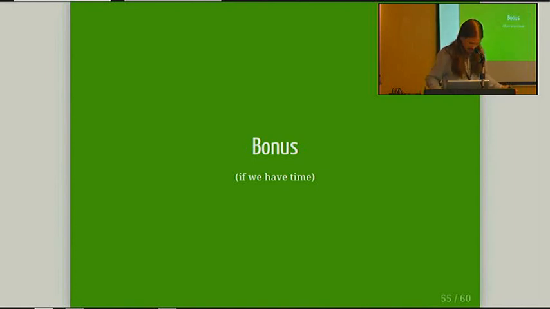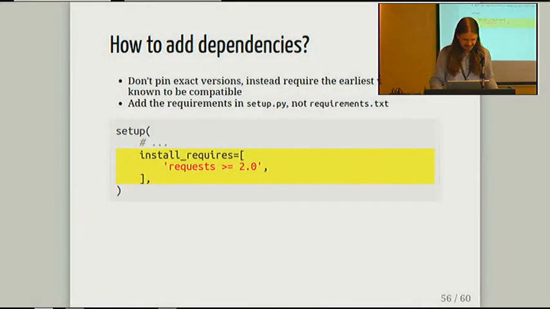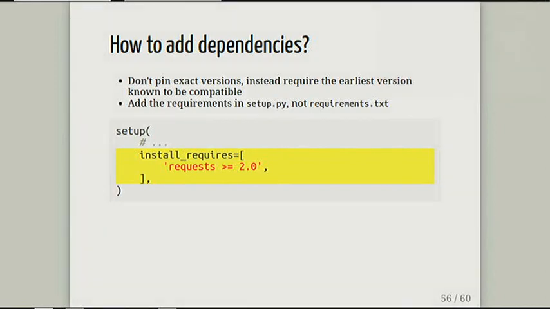And bonus, hopefully we still have 5 minutes, roughly. Okay. So, how to add dependencies to your package. For a package, you want to be as broad as possible to accept as many dependency versions as possible, so people using your code do not need to get your dependencies in your exact version.